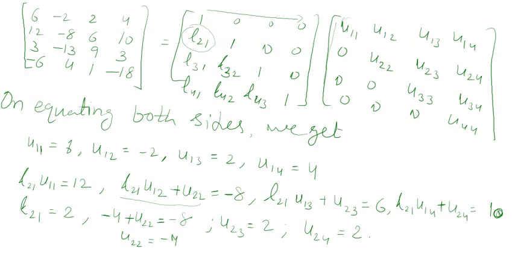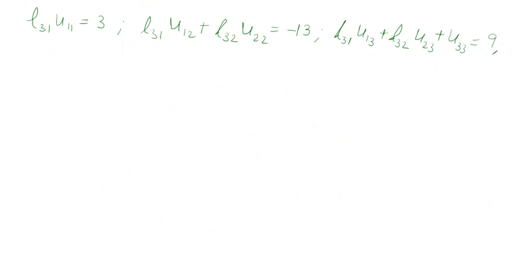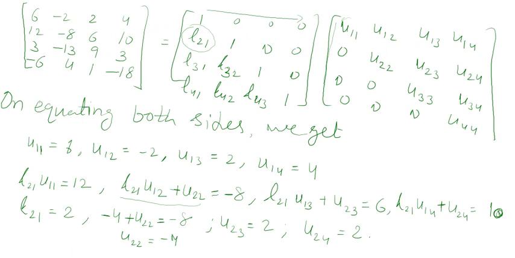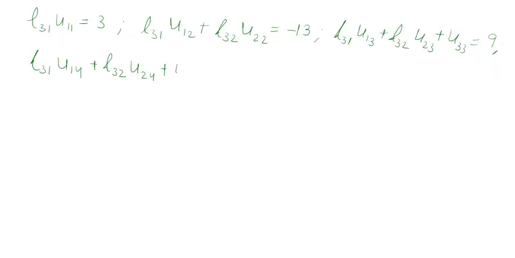And last, third row, last column gives L31 U14 plus L32 U24 plus 1 times U34 equals 3.